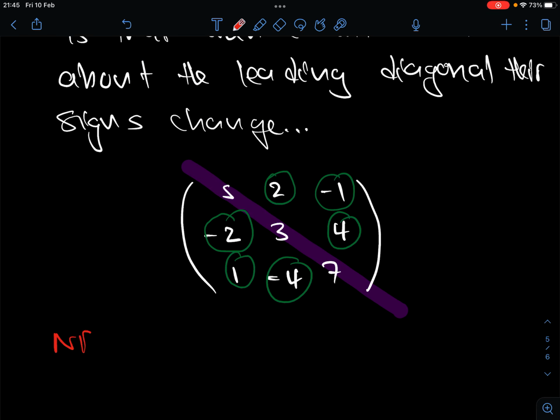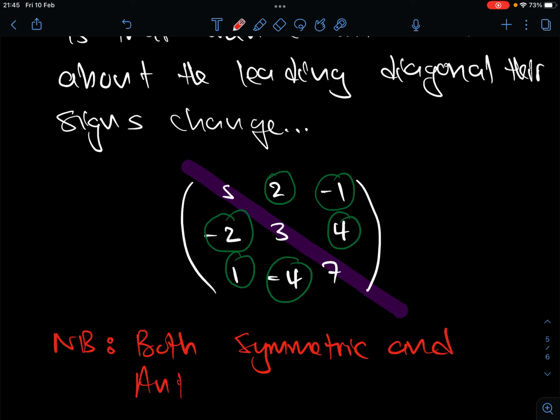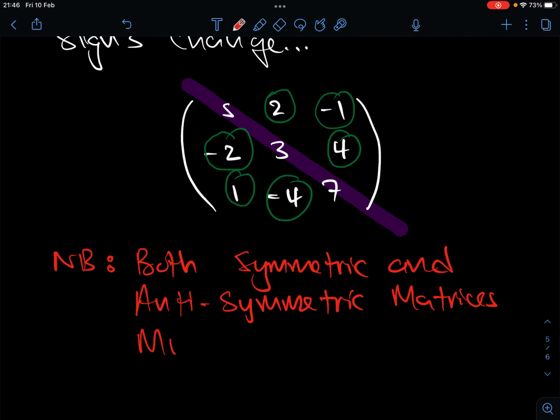One thing that you must pay attention to is this: both symmetric and antisymmetric matrices must all be square matrices.